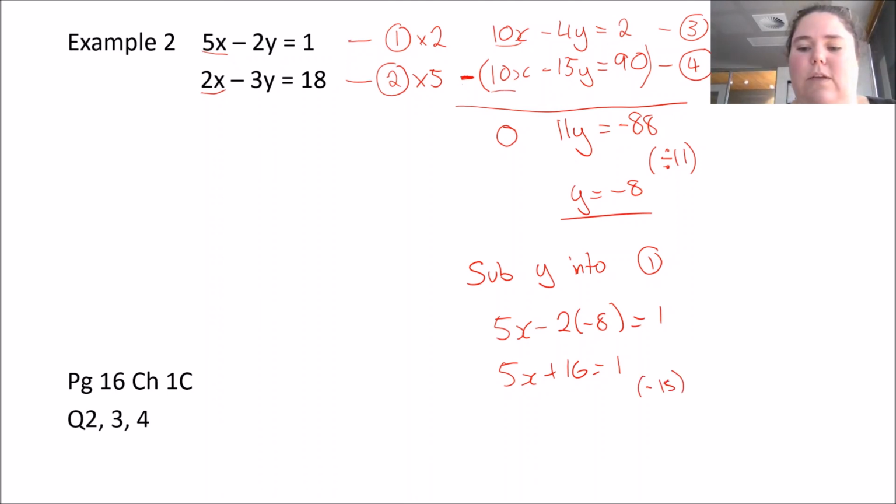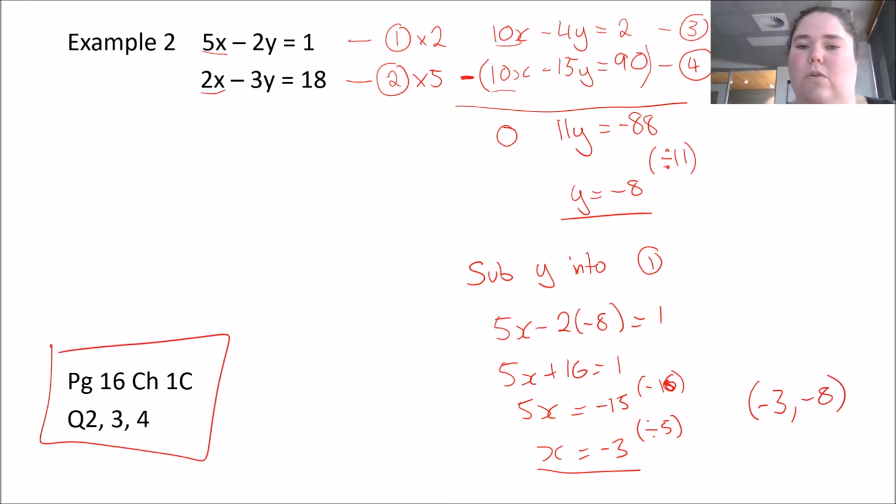Minus 16 from both sides equals negative 15. Divide both sides by 5. So x equals negative 3. So that is our point of intersection. Alright, go and do those questions to practice.